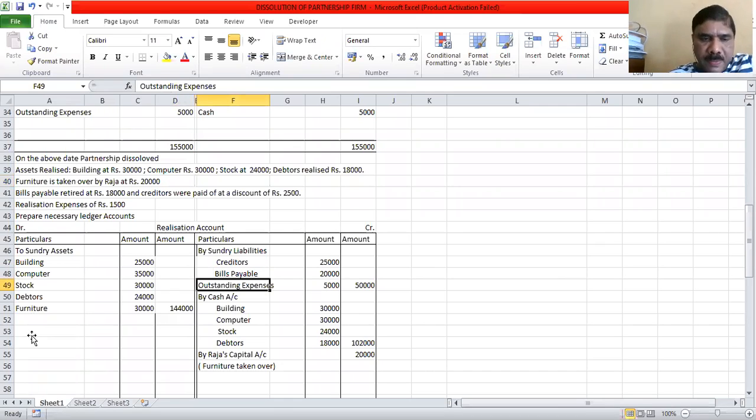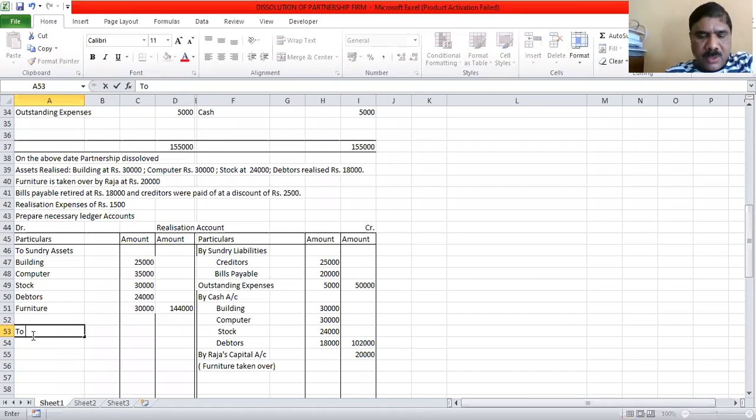What do we pay? Cash. So what will I write? To cash account. Under that we have bills payable. Bills payable is paid, 18,000. Okay, fine.